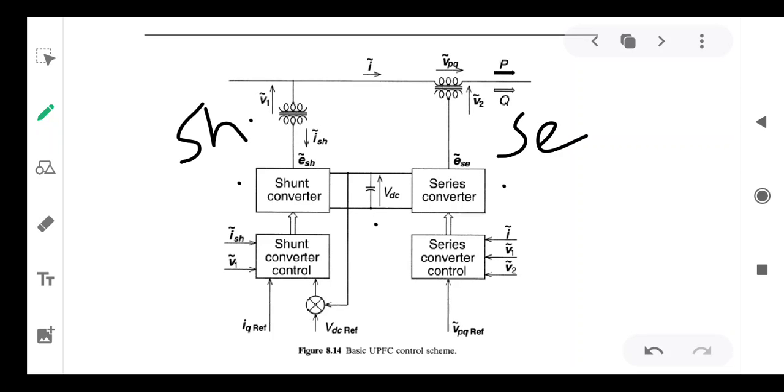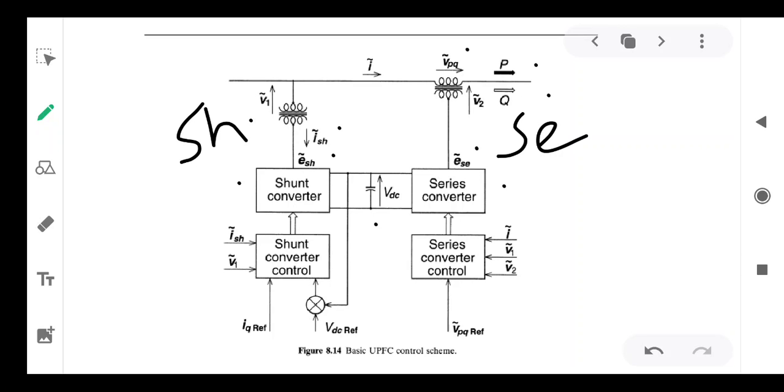The current drawn by the shunt controller is ISH, and the voltage injected by the series converter is VPQ. So VPQ and ISH can be controlled such that both P and Q can be controlled. ESH is the shunt voltage, and ESC is the series voltage injected by the controller.